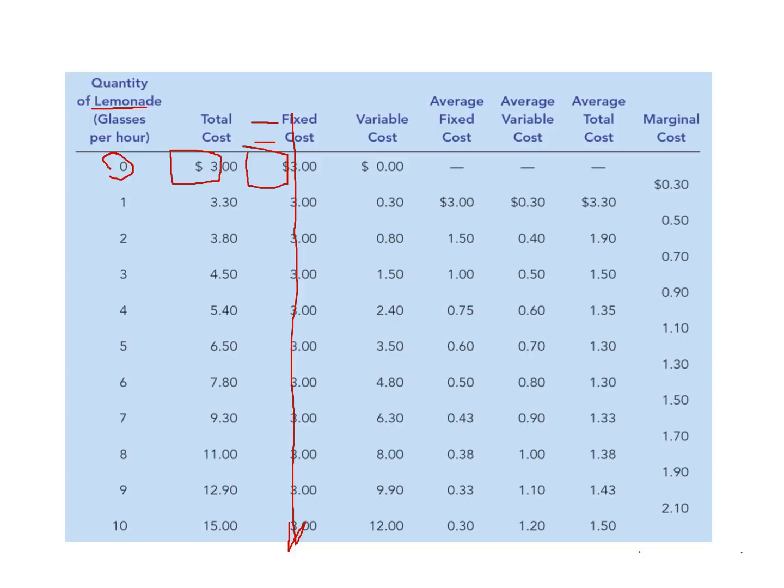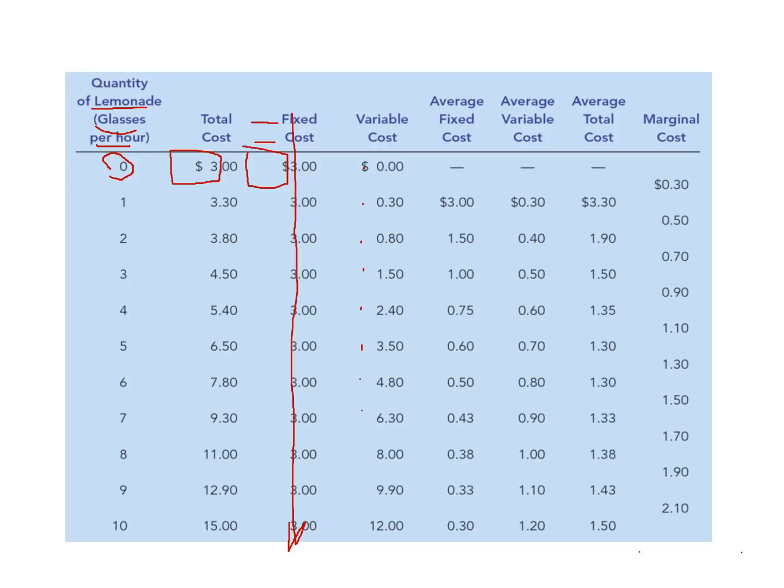Now the variable cost, on the other hand, goes up for each additional glass per hour of lemonade that is produced. That will make sense, because if you're making more glasses of lemonade per hour, you will need more lemons, for example, and more bottled water perhaps, so your costs will go up.